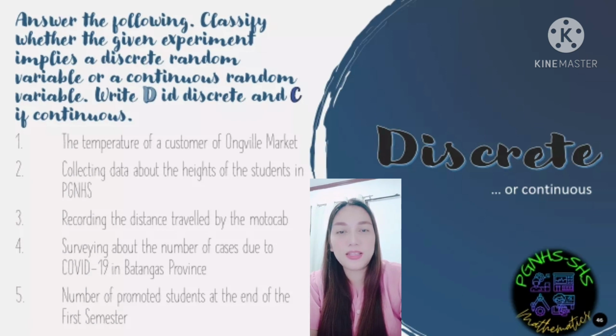Which random variable is discrete and which random variable is continuous?